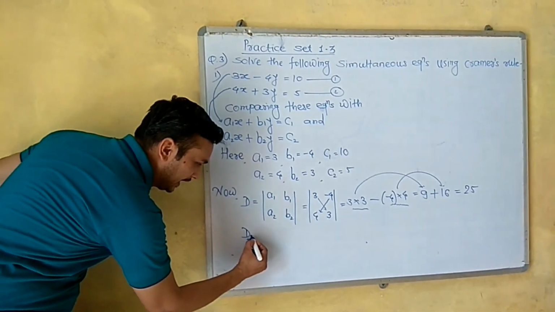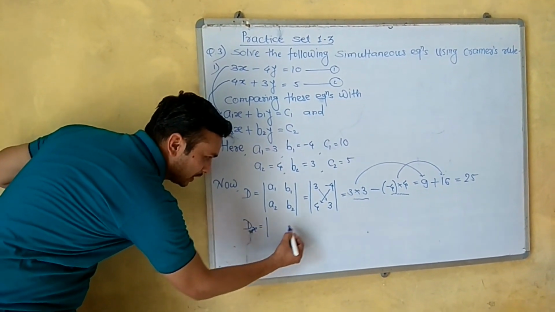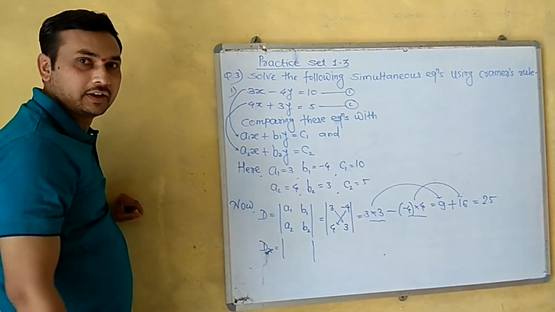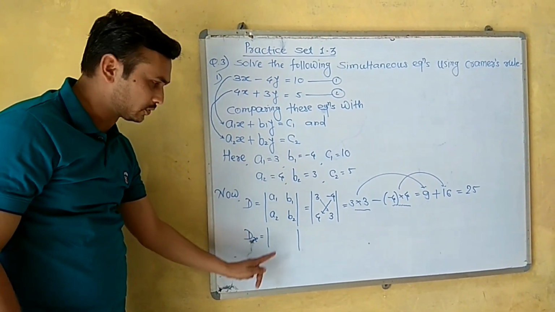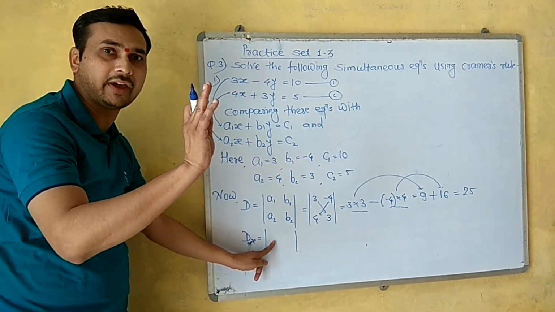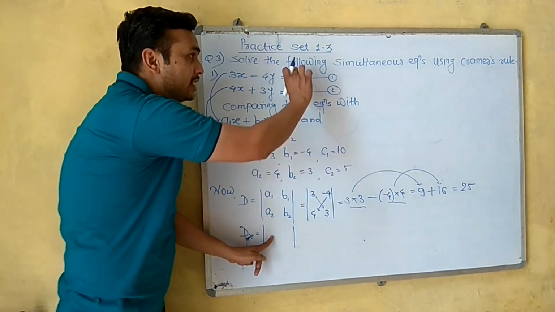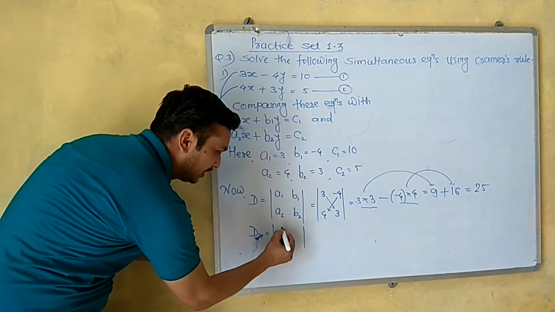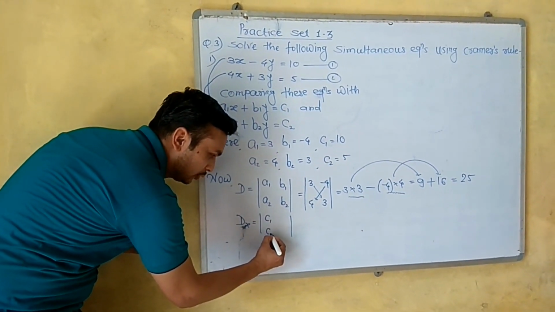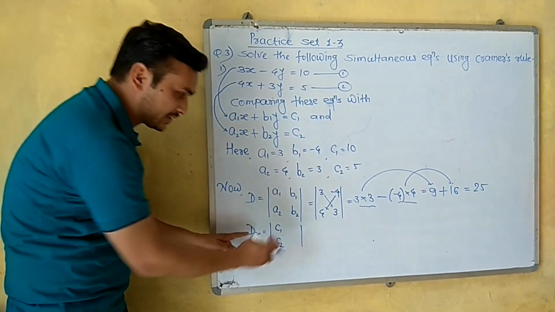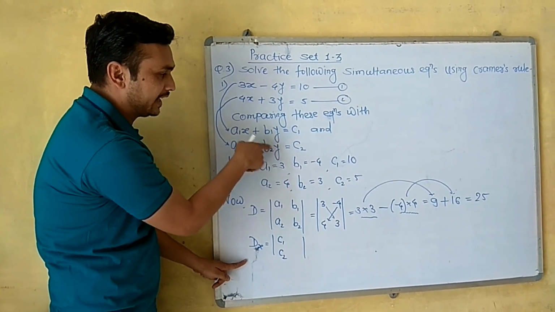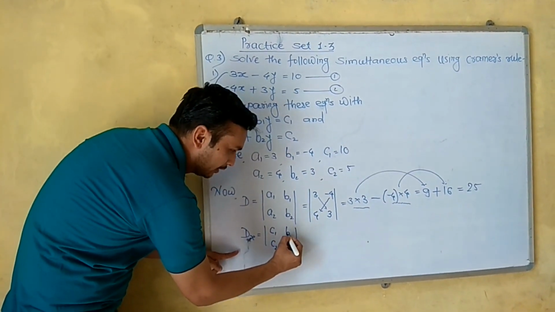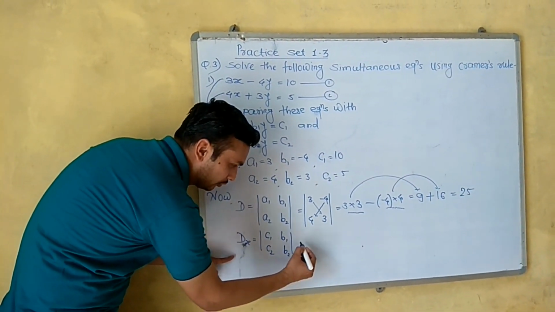Now Dx equals, column 1 for the variable x. So skip the coefficients of x and instead consider the constants c1, c2. And second column for the coefficients of variable y, that is b1, b2.